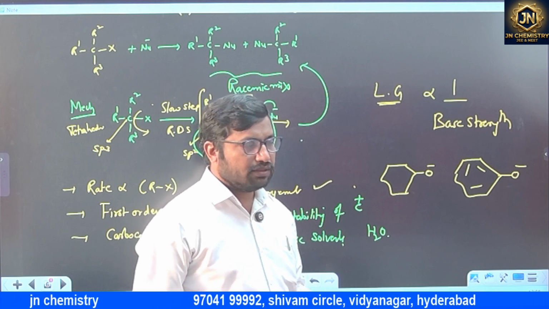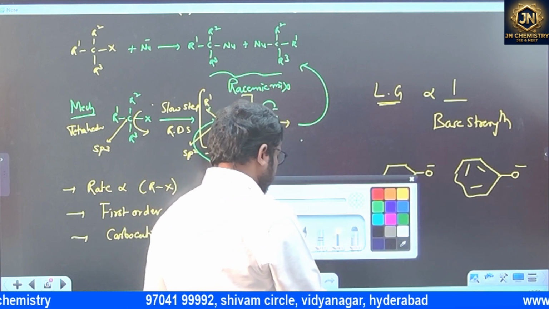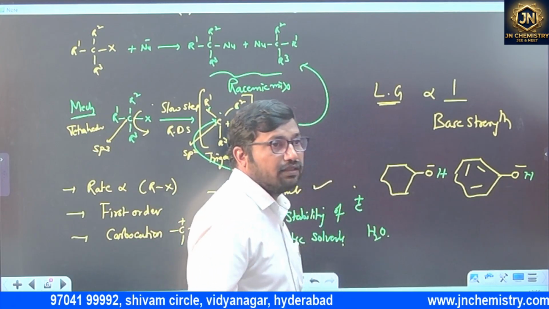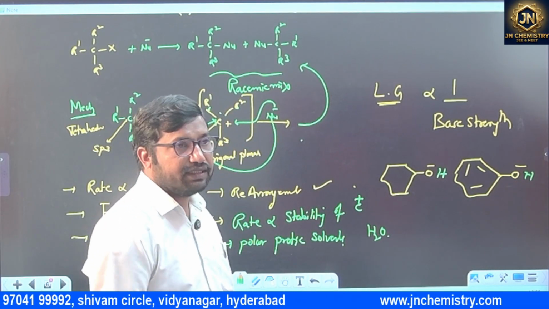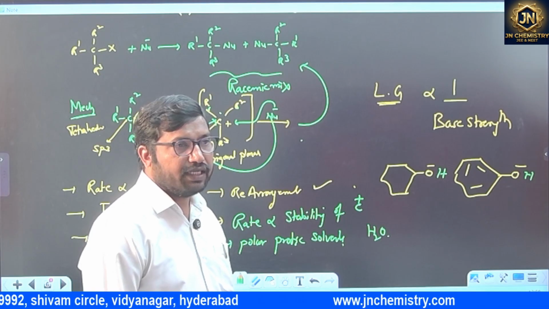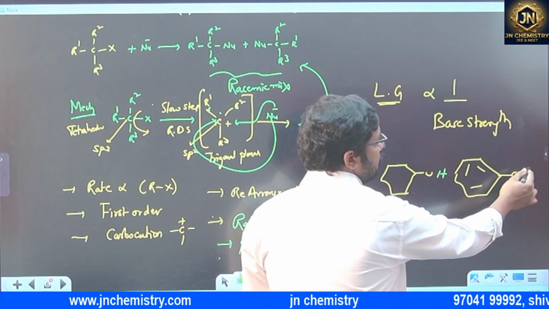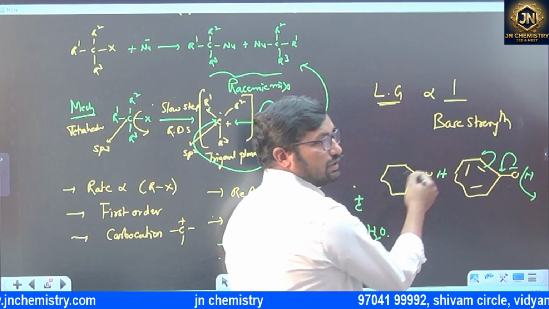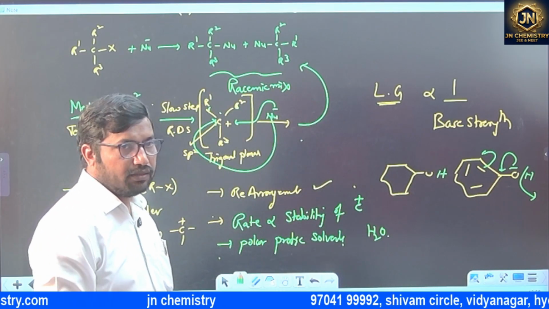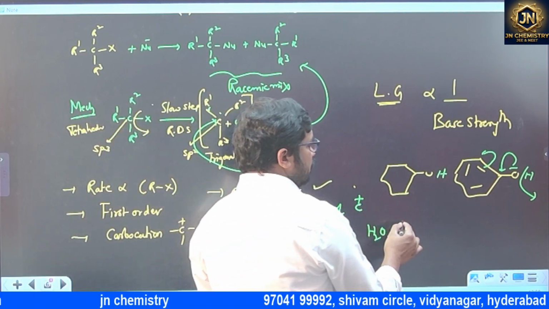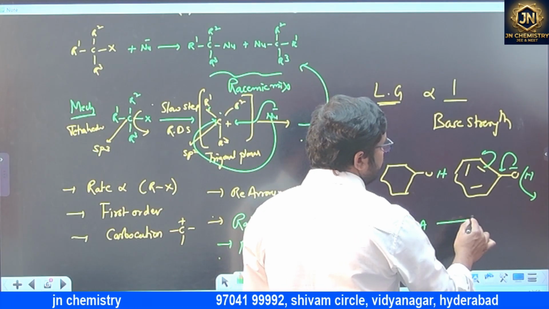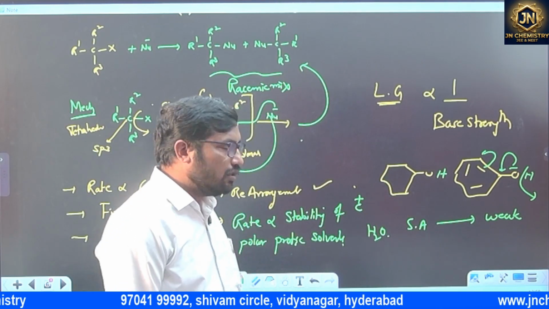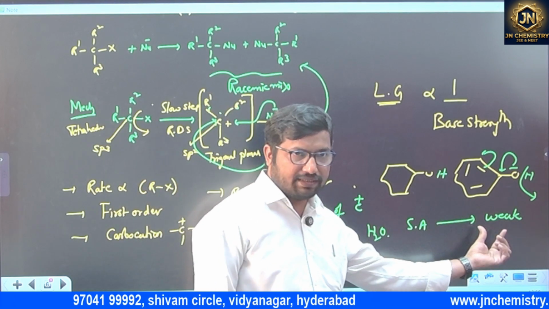Simply, add H+ to both and compare the acidic strength. Which is the stronger acid? Obviously this one, because after losing the H+, the phenoxide ion is resonance stabilized. A strong acid's conjugate base is weak.